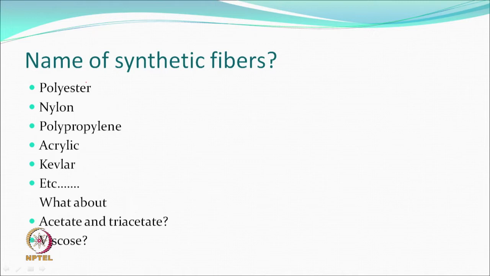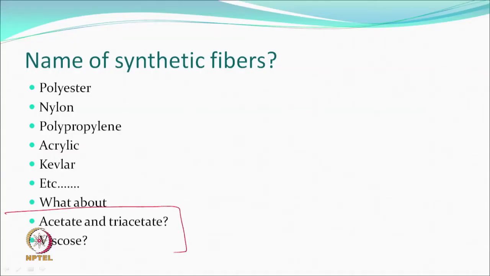So, what about acetate and triacetate? They are not synthetic, they are manufactured, because the basic polymeric unit existed in nature, which was cellulose. We modified it to make acetate or triacetate fiber. What about viscose?